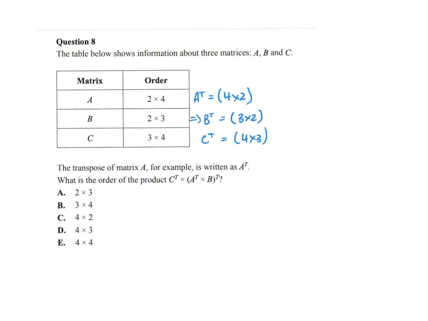Okay, so now I know the orders of those transpose matrices, just to make my life a little easier. So now we've got to look down at what they've done down here. Now, like all maths, we should do the brackets first.